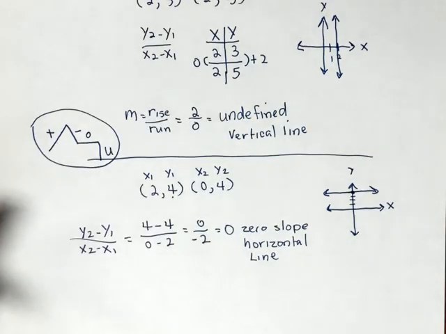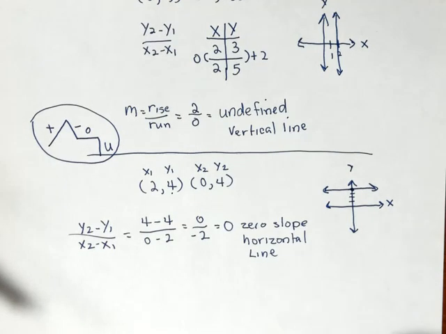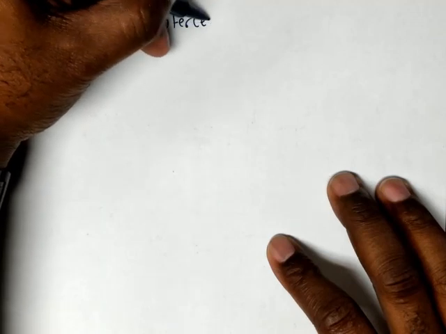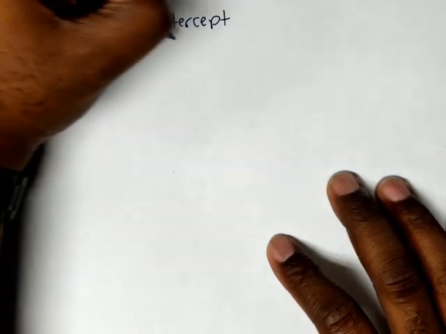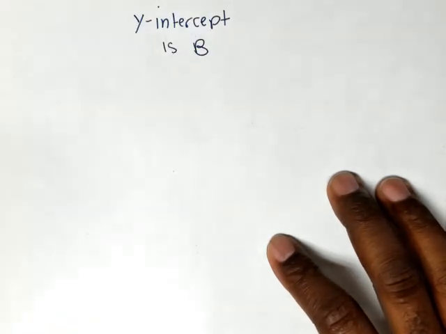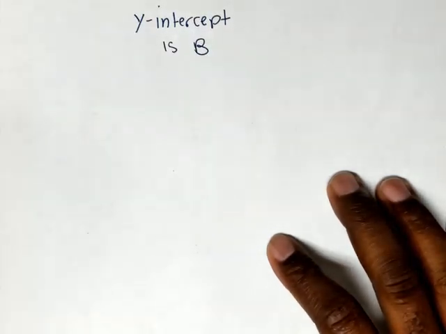So on to finding the y-intercept. Let's go ahead and write there, and we'll flip the paper over so we have a new blank clean slate. Our y-intercept is known as b in the equation y equals mx plus b.